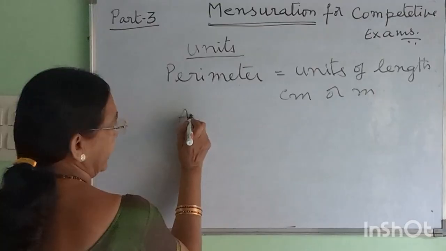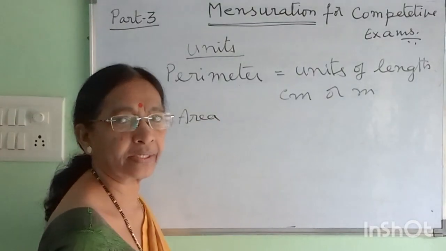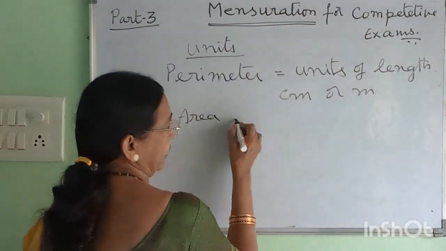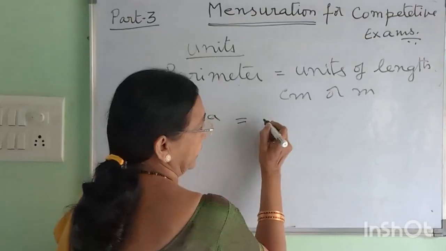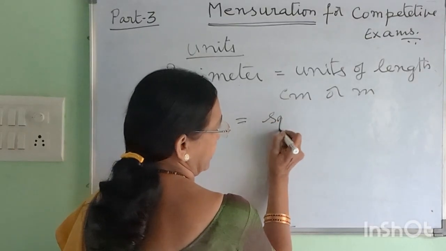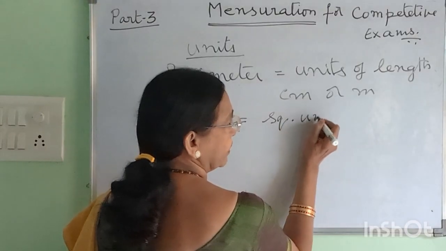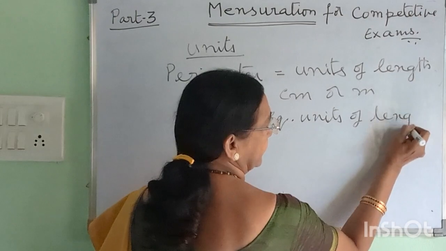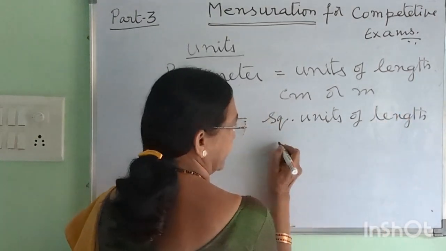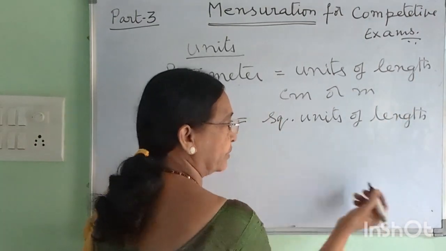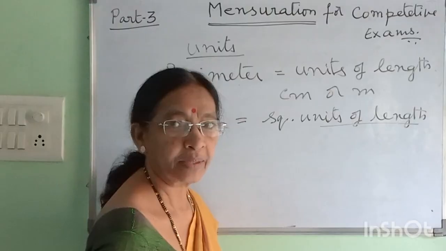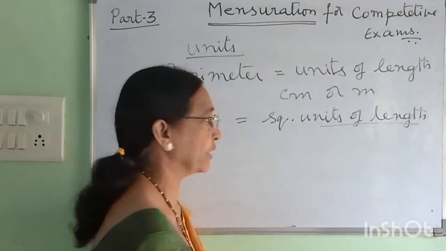Units of area. Area of a triangle, area of a square, area of a rectangle, any, are in square units. Square units of length. That means square units of centimeters, square centimeters; units of length are centimeter, meter, kilometer, millimeter, whatever.